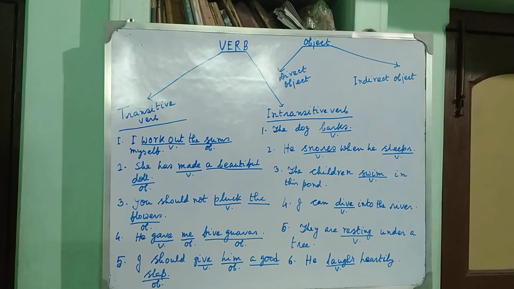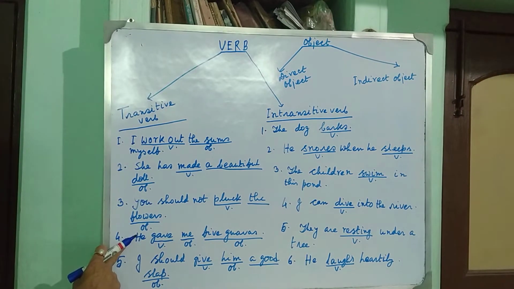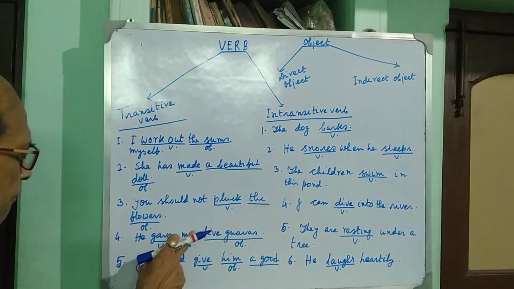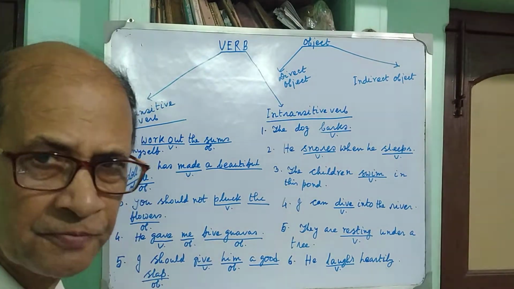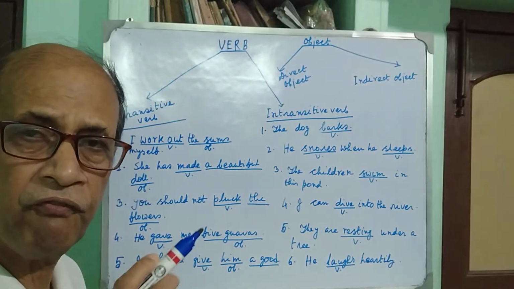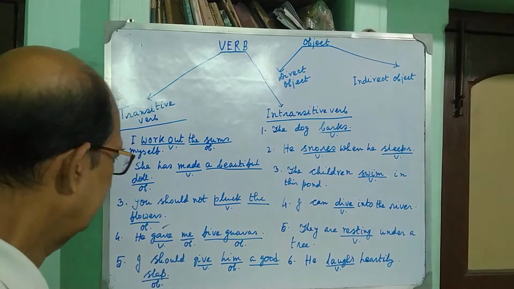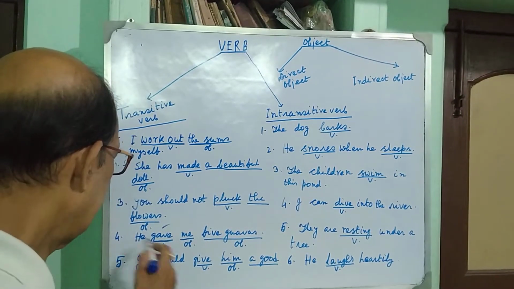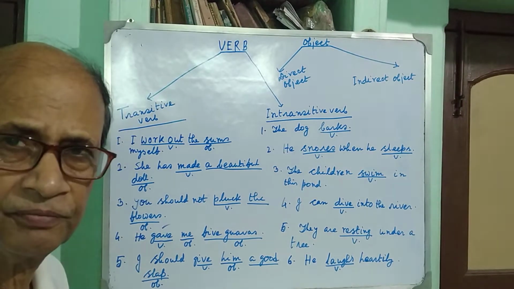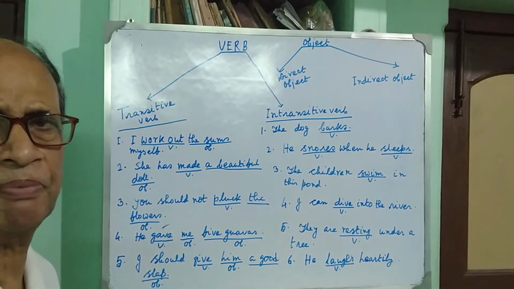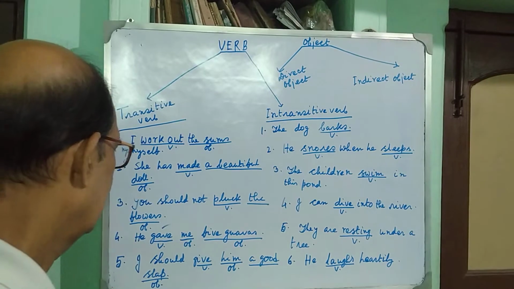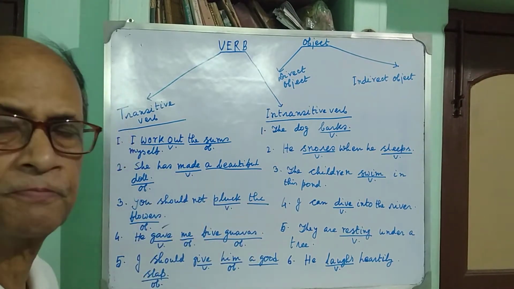Now come to the fourth example. He gave me 5 guavas. Gave is the finite verb. Ask gave by what? And it will simply give you the answer 5 guavas.